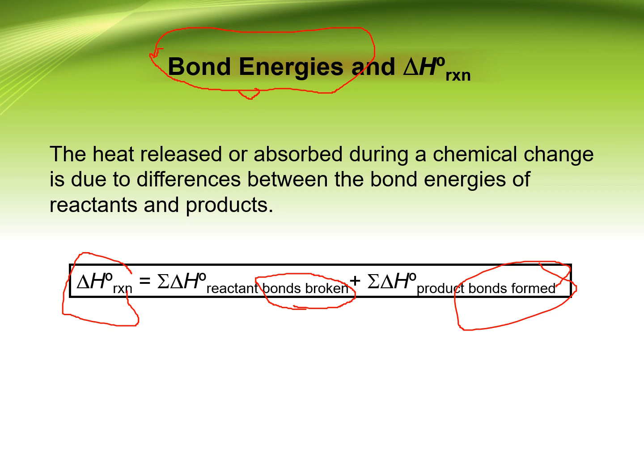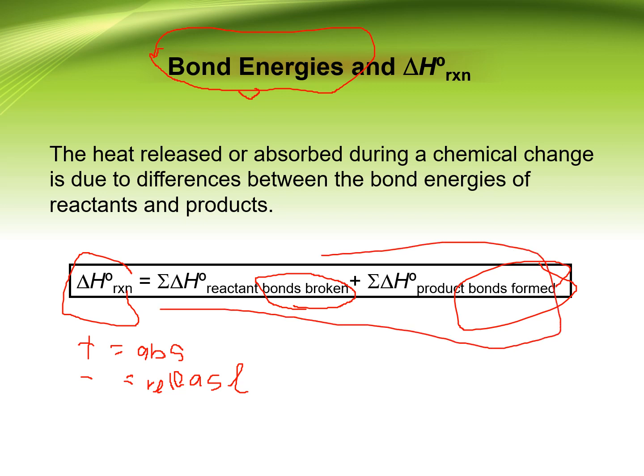Enthalpy of reaction is positive, meaning energy is absorbed, or negative, meaning energy is released, and it depends on the difference between the bond energy of bonds broken and bonds formed.